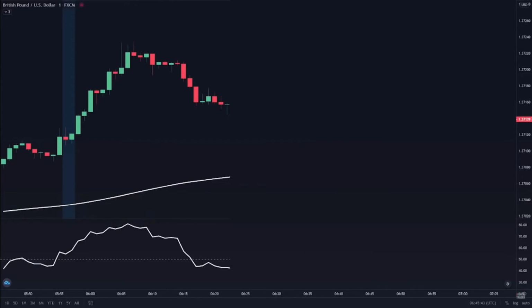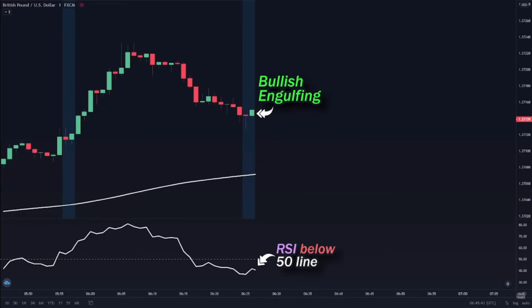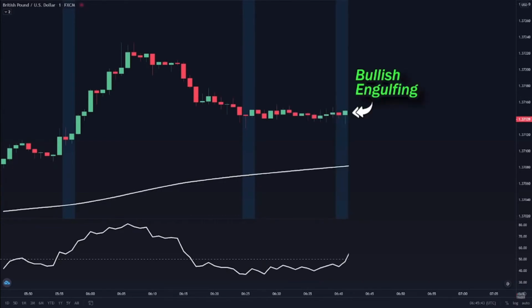In this chart, we can see that the price is above the 200 EMA, meaning that the price is in an uptrend, and so we only take signals from the bullish engulfing pattern. Next, we can actually see a bullish engulfing pattern formed. However, we can see that the RSI is still below the middle line. So, you want to ignore this signal.